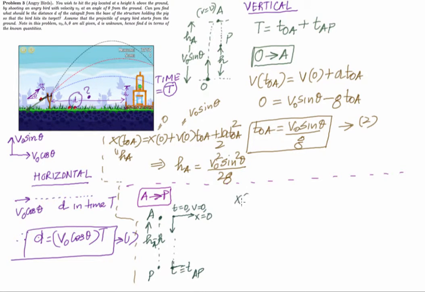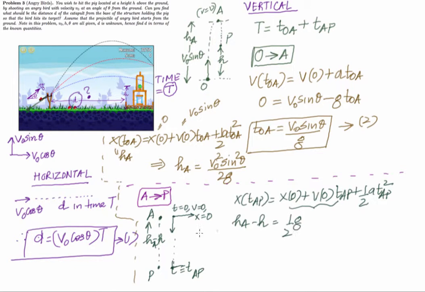So we can use x TAP equals x0 plus v0 TAP plus half a TAP whole square. x TAP is HA minus h. This is all 0. Half acceleration is g because it is accelerating in this direction, g TAP square.